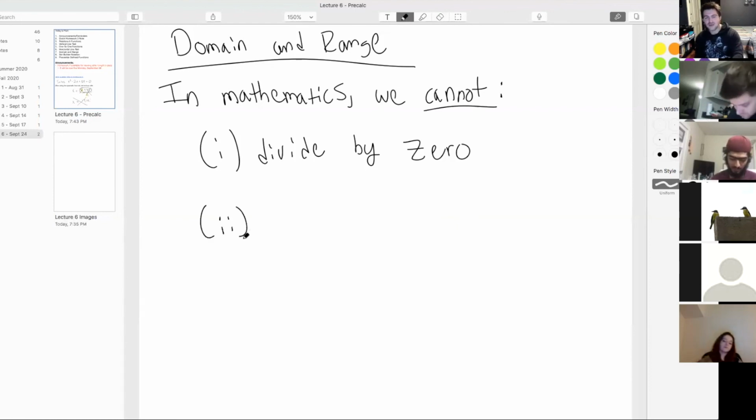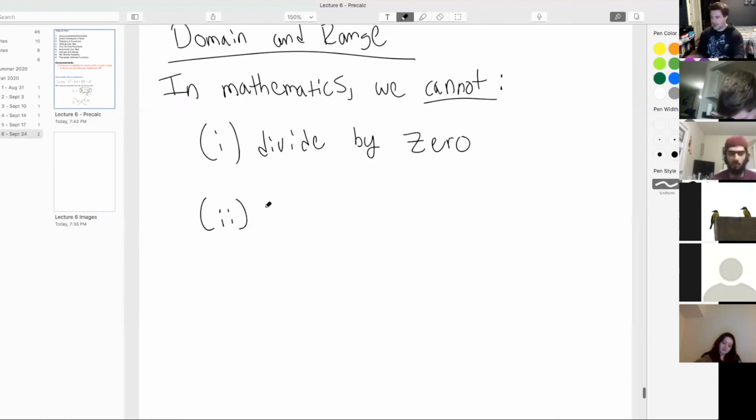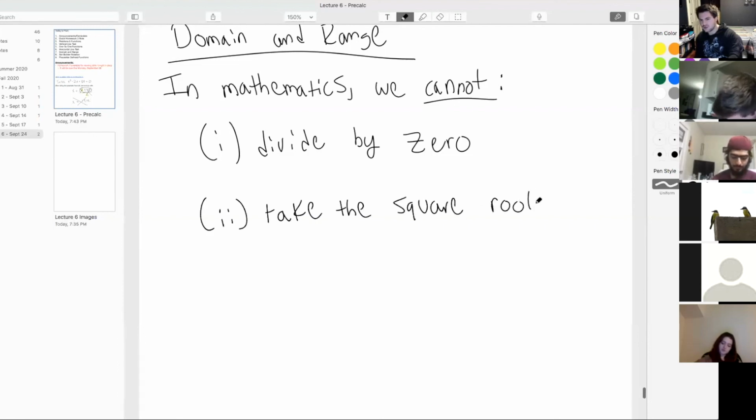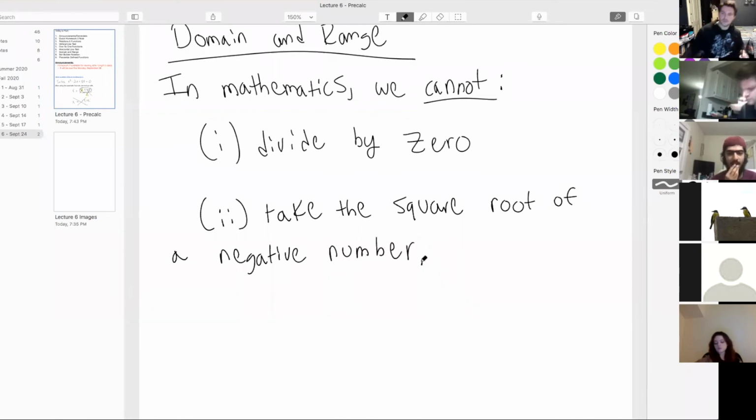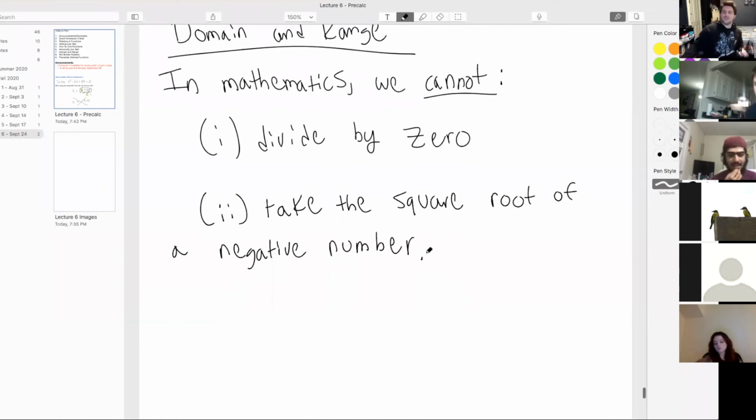Okay, so that's the first sin of mathematics. The second one is not as bad. The second one is you can't take the square root of a negative number. Let me write that and then I'll explain. Take the square root of a negative number. I'm sure you're asking, oh, but we did take square roots of negative numbers and we used i.